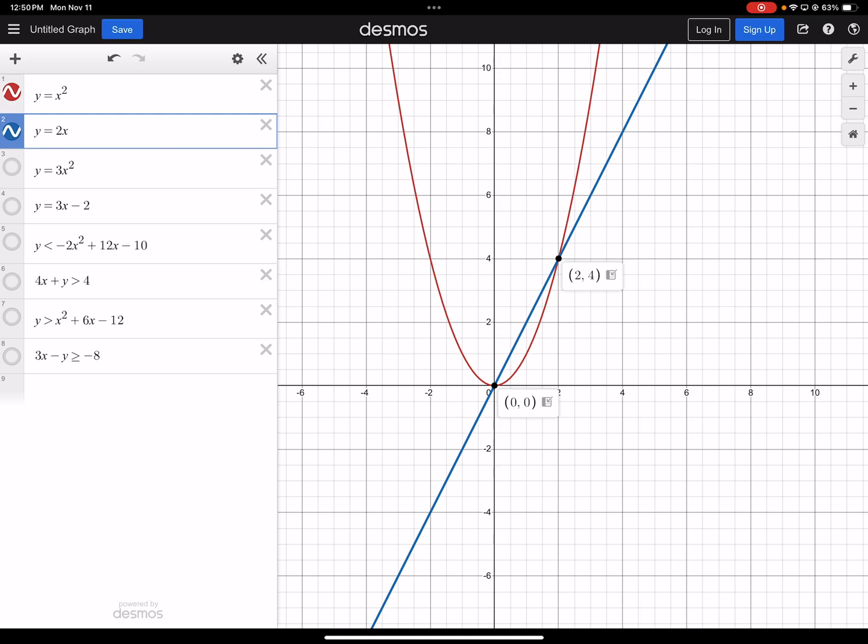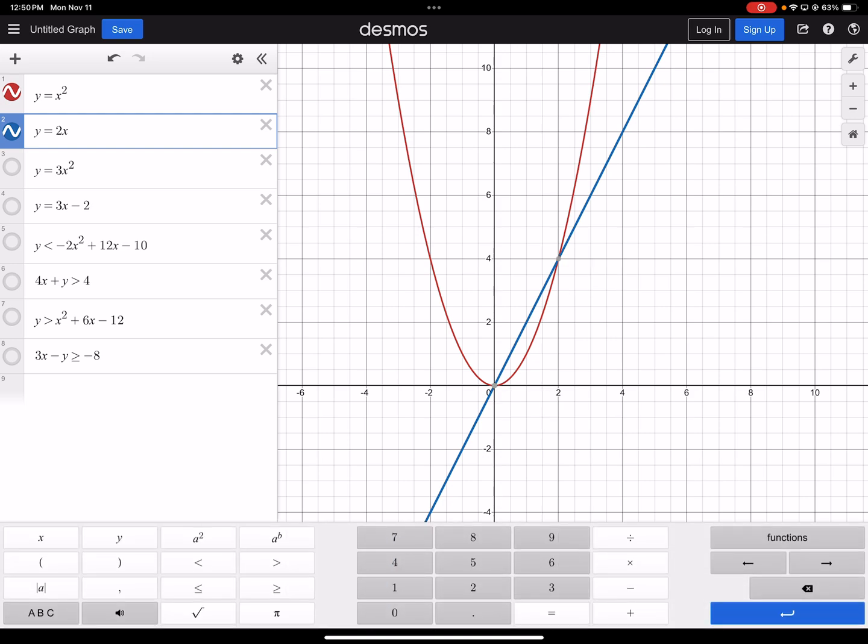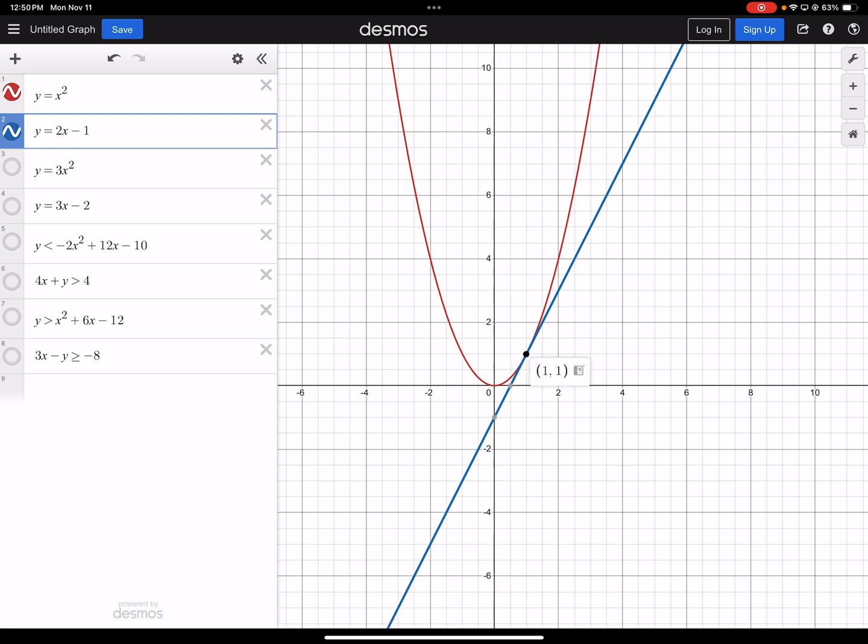When we're talking about solutions, remember, the solution is not just the x value. You're going to do a lot of solving for x. But once you solve for x, you need to make sure that you plug it in to get your y value. So these are the points that we're looking for. So you can have 2 solutions. If I put -1 and change that second equation, you'll notice now they meet at 1, 1.